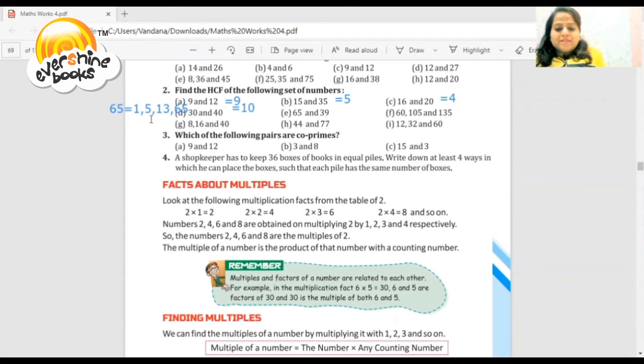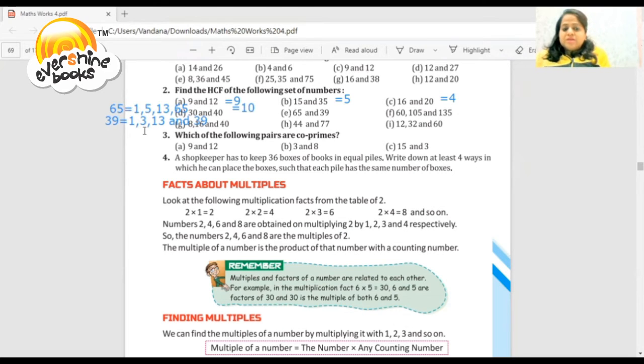Now you have to write the factors of 39 and then find out the common factor. Now students, write 1, 3, 13 and the last one is 39. So these are the factors of 65 and 39.